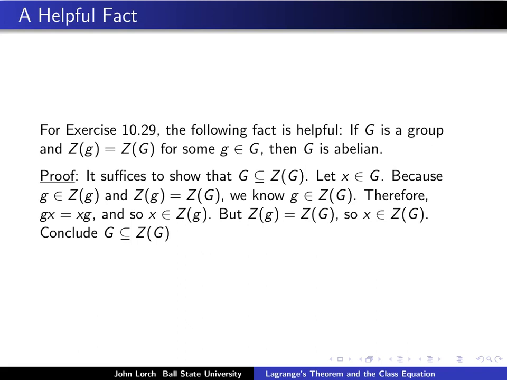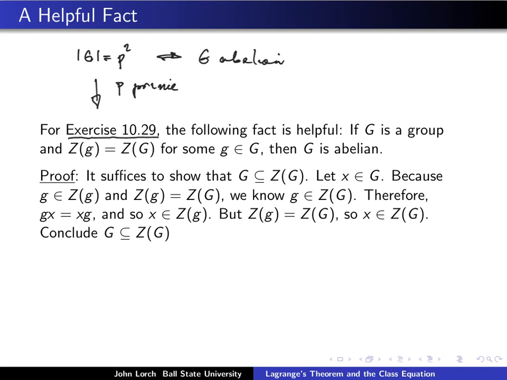You'll be proving both of the consequences of the class equation that were given on the previous slide. Now, one of those consequences is the subject of exercise 10.29, so I think this is the one where you have a group and its order is p squared, where p is a prime, and that implies that G is abelian.